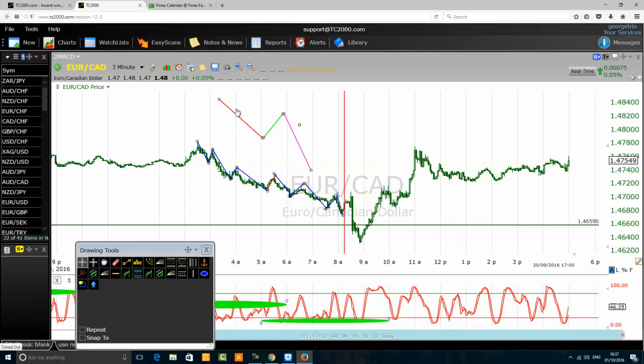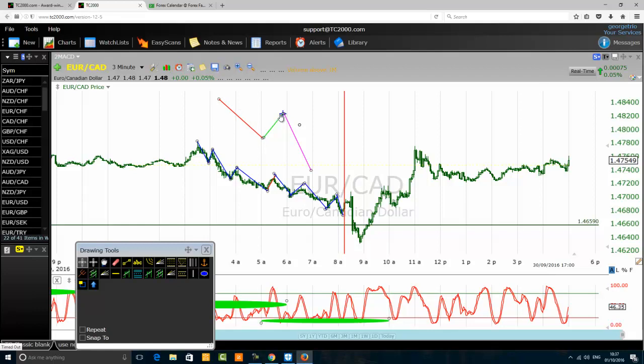So the zigzag pattern has this shape here. The first part we call A, the second part we call B, and the third part we call C. The first part can be subdivided into 5 waves, 1, 2, 3, 4, 5, looking a bit like an impulse wave.